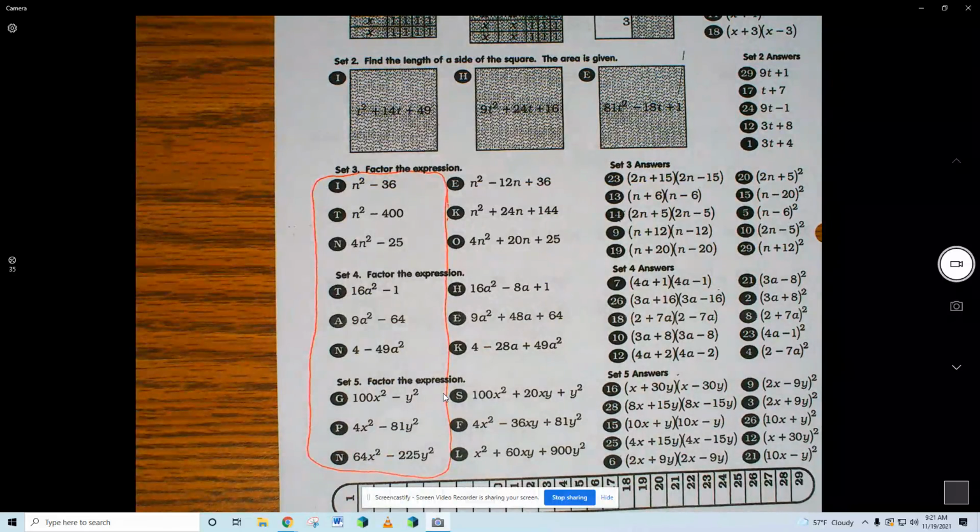The answers, you really don't need to pay attention to the answers. You can just do them and write the answer next to it. This is all you have to do today.